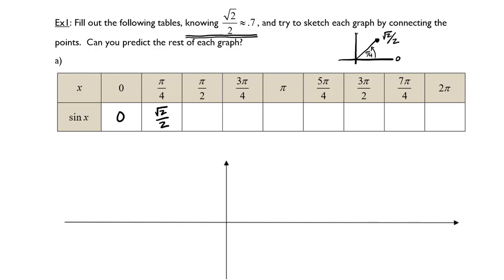At pi over 2, we've gone a height of 1. At 3 pi over 4, we're again at a height of root 2 over 2.